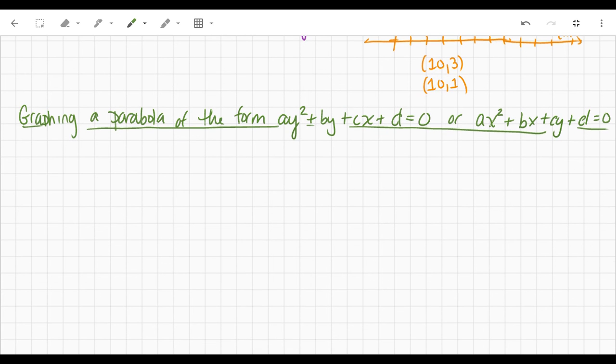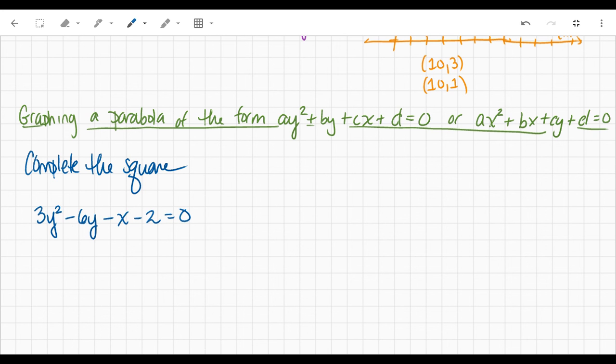Yeah, okay. So you complete the square. For example, we have 3y squared minus 6y minus x minus 2 equals 0.